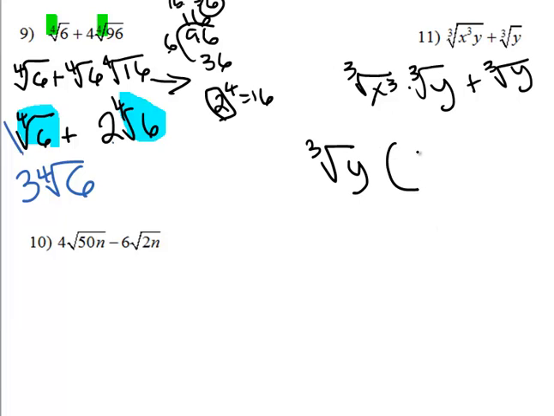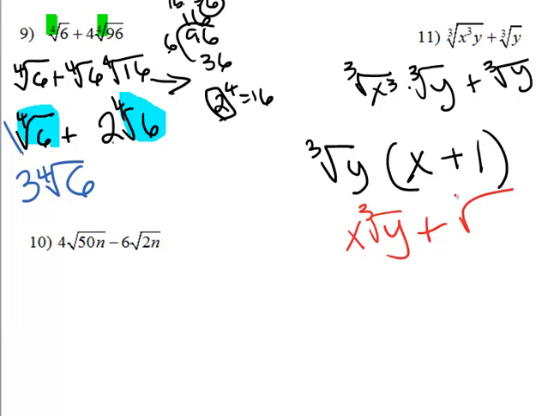Well, the cube root of x cubed is x, and if I take the factor out of that, then I leave behind 1. So let's double check it and make sure I did it right. Cube root of y times x would be x cube root y. That times 1 would be, and that's what I would have ended up with up here. Okay, good.